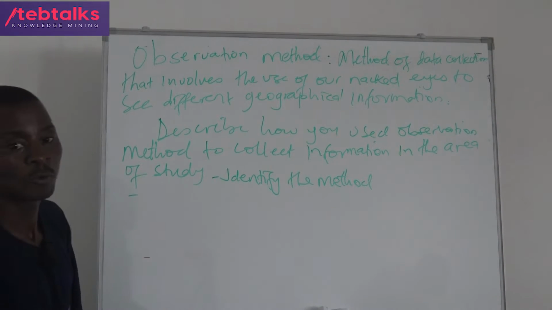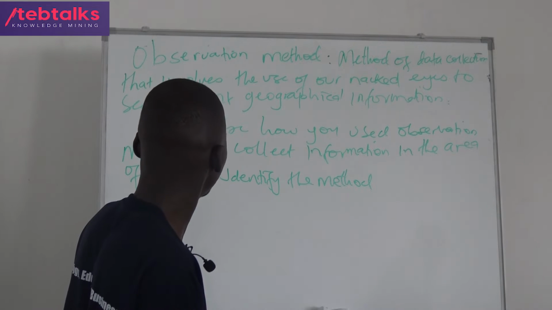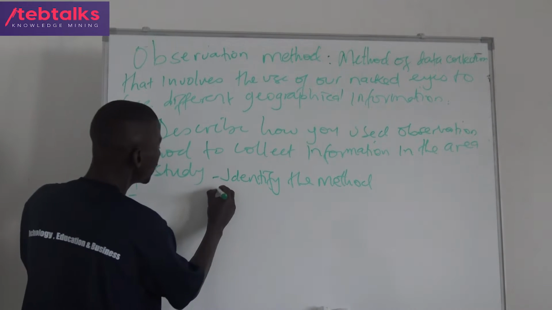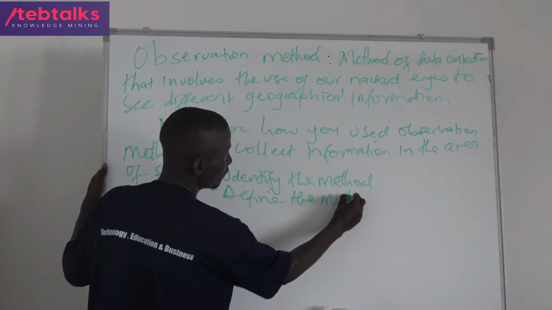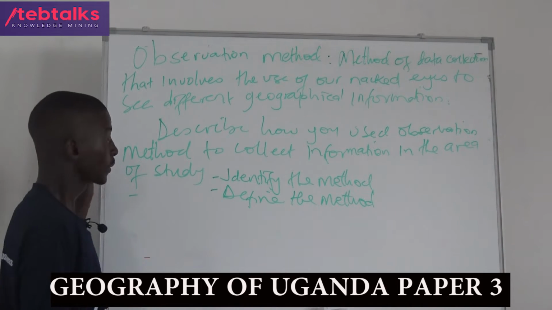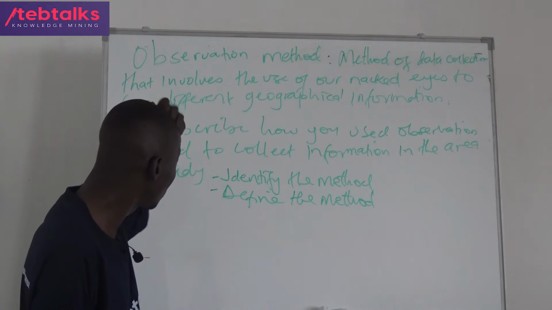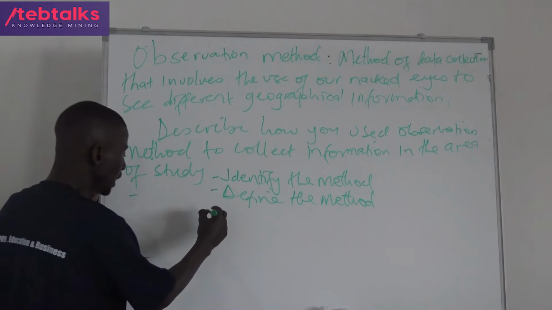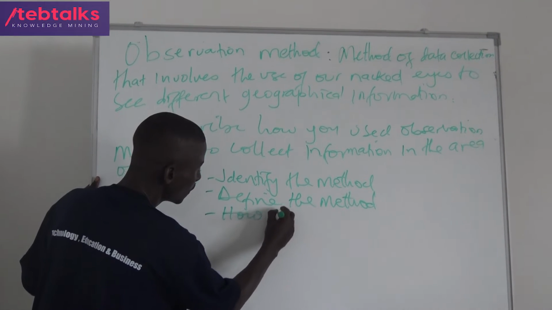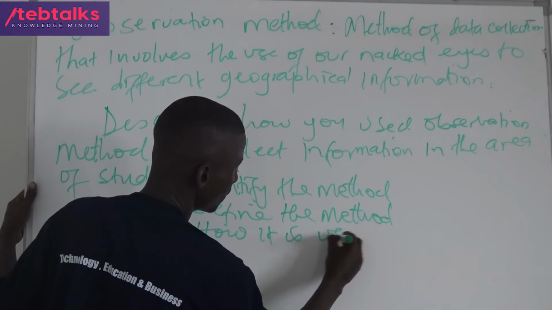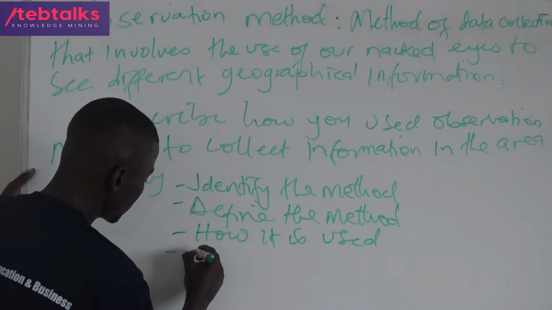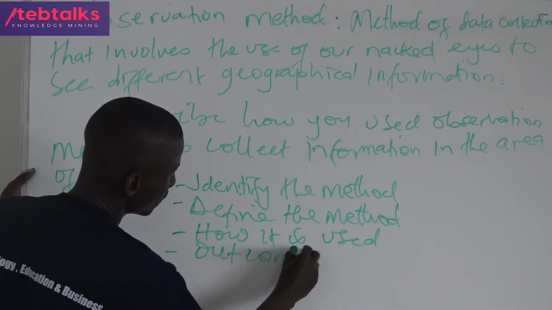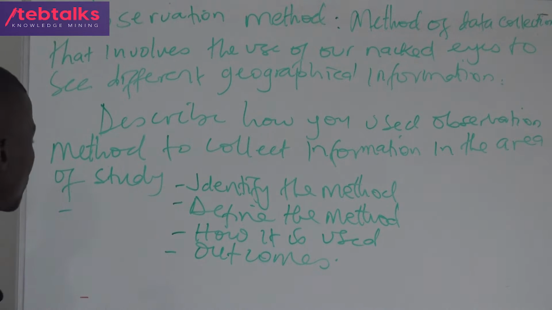The method is observation. Then after identifying the method, define that method. After defining the method, tell the examiner how it was used. Then lastly, what you got. Outcomes. What you got using that method.